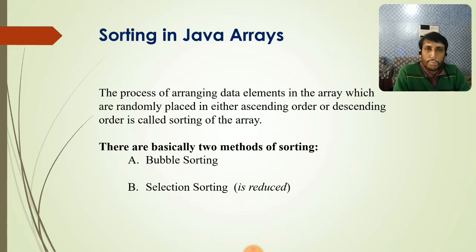The process of arranging data elements in the array which are randomly placed in either ascending order or descending order is called sorting of the array.